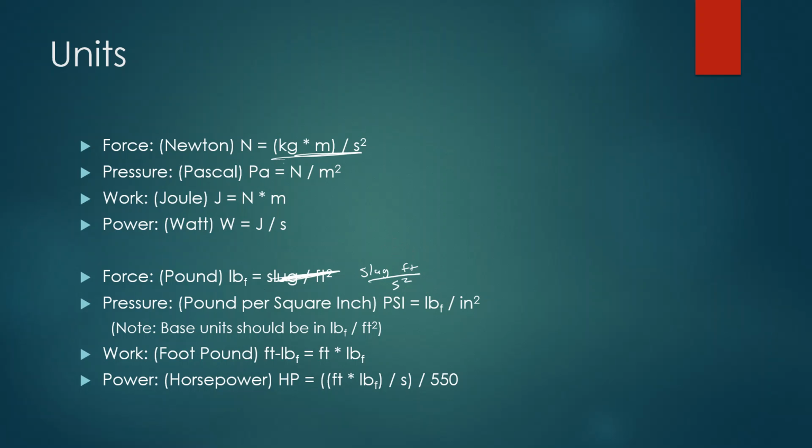That's a typo on my part. Slug foot per second squared. Pressure is in pounds per square inch, or the base unit should be pound per foot squared, or per square foot. Work is in foot-pounds, and then we have horsepower, which is in foot-pound per second, divided by 550, which gives us horsepower.